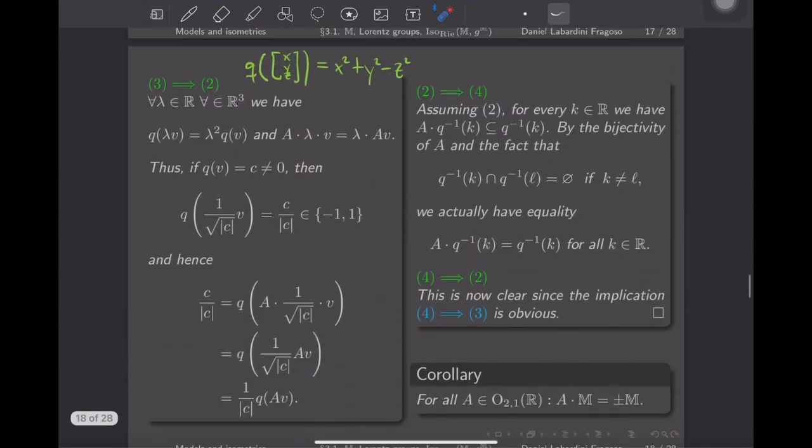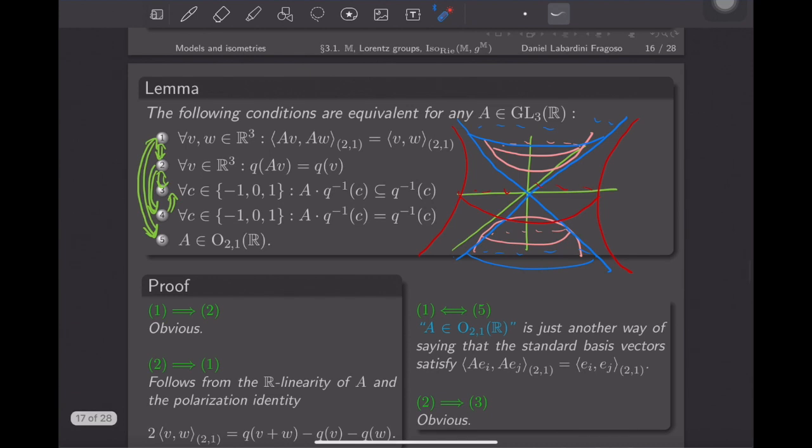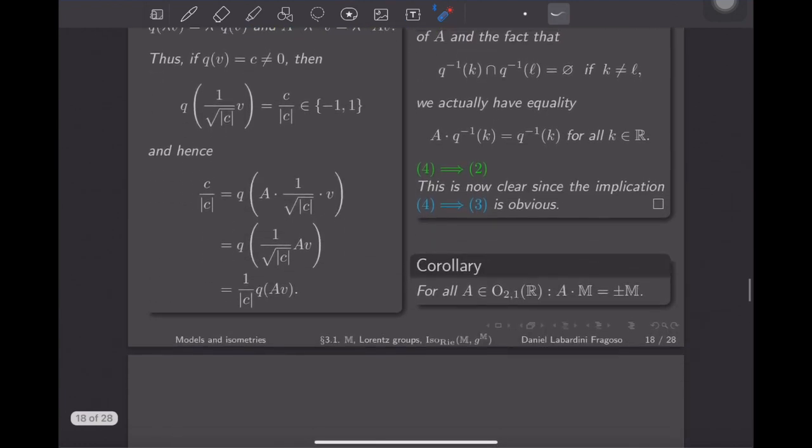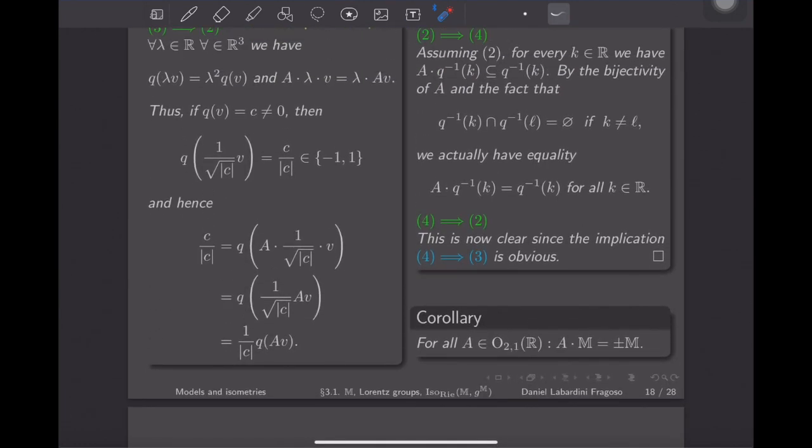Well, I know that for c equal to -1, A preserves the level set. So the elements of the Lorentz group preserve the pink part, but unfortunately the pink part has 2 components. So I cannot say that every element here preserves M.